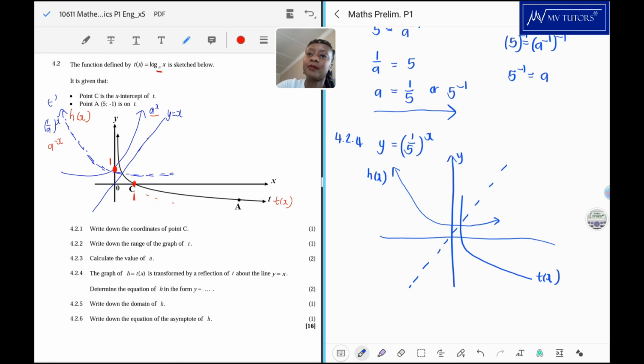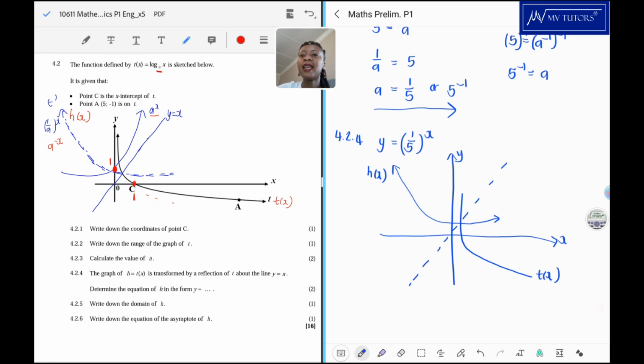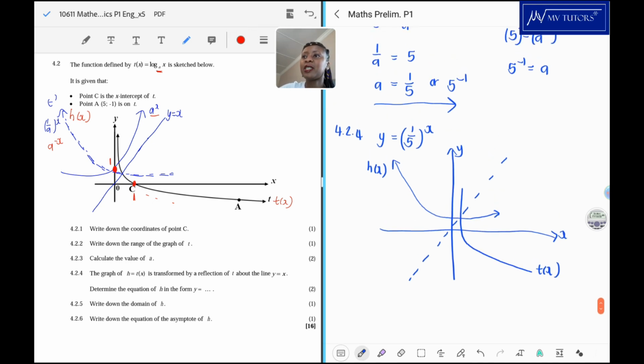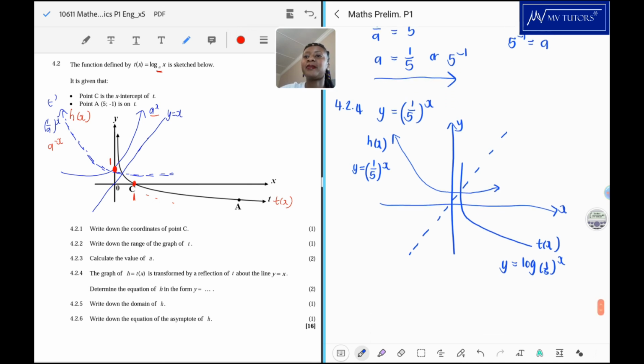And if t, the function for t, is y is equal to log, remember a, we said it's 1 over 5, so we have log base 1 over 5 of x. Then we know that h is equal to y equals 1 over 5 to the power x. That's what we just did there.